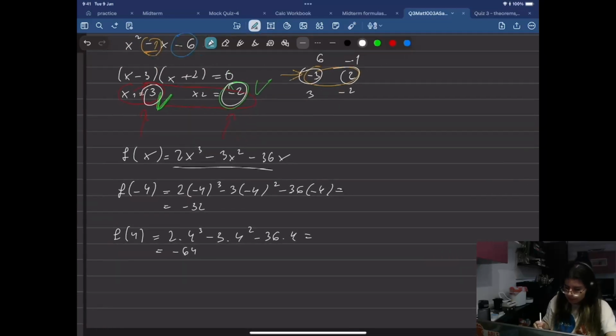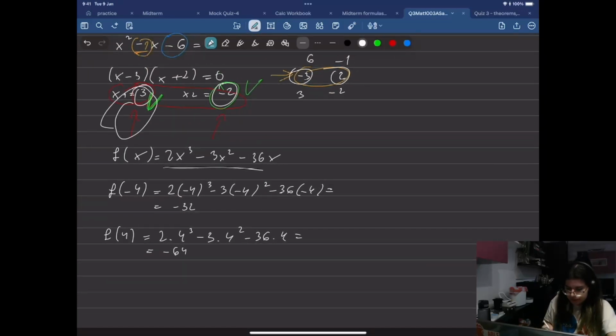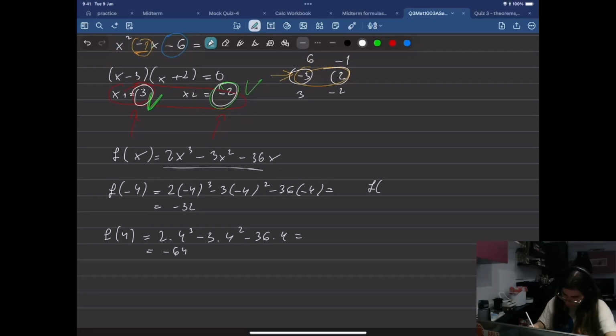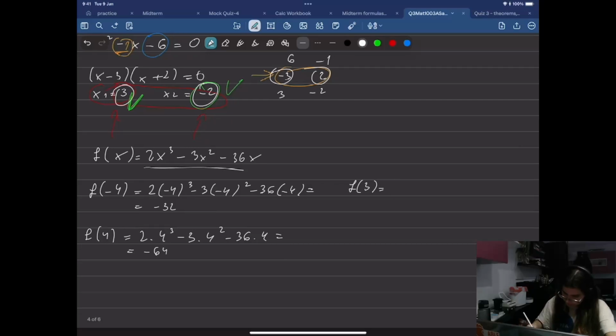And then I also need to test at the critical points, right? So that's f of 3 and f of minus 2. So f of 3 equals 2 times 3 cubed minus 3 times 3 squared minus 36 times 3, which is minus 81.